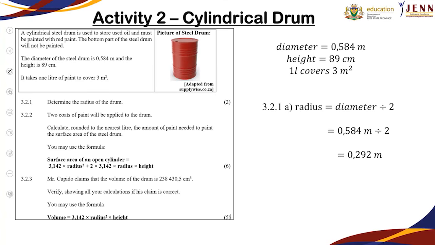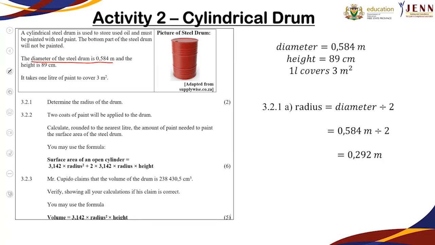How do we find the radius? So I go look at what is given that I can use to find out how I can get this radius. What is given is the diameter of the steel drum, which is 0.584 meters.